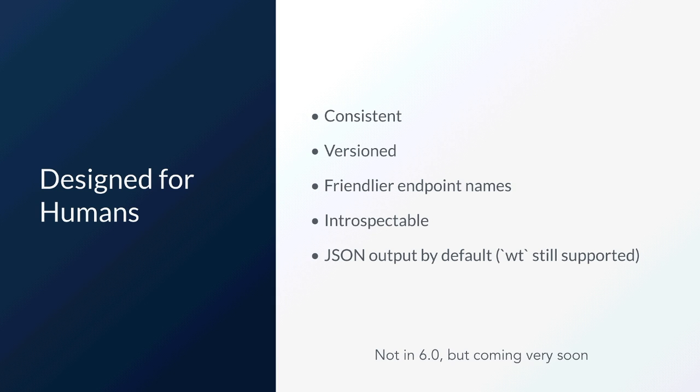If you are using the schema API to get the schema, until very recently, you used one type of request and one endpoint, and if you wanted to modify the schema, you had a completely different syntax. And then if you went and used the collections API, you had a completely different structure and syntax.